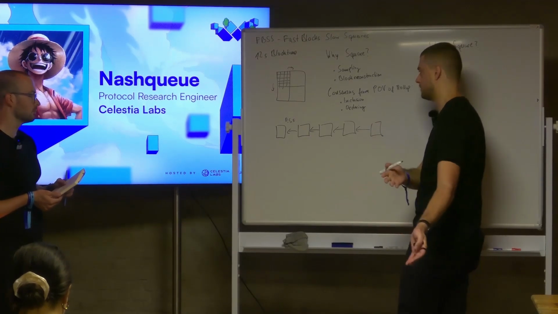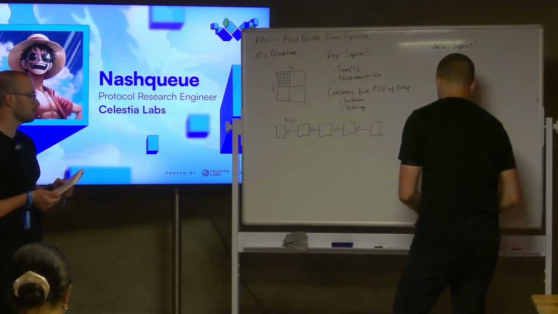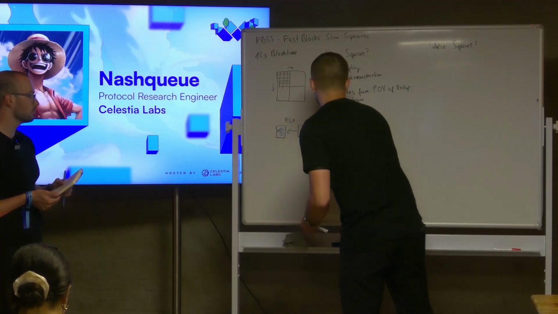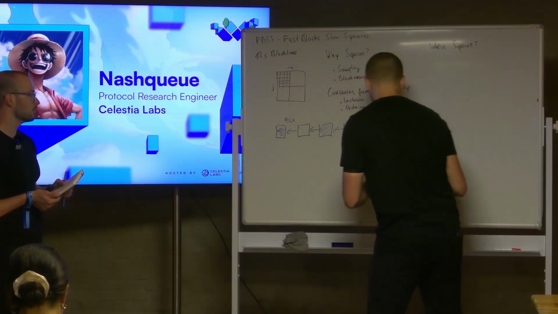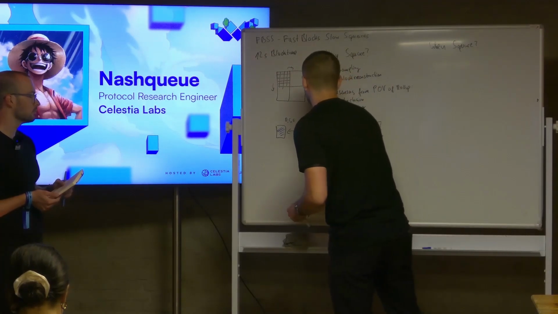basically of squares. So you can think of it as, let's say this is blue, blue, blue, and this is red.